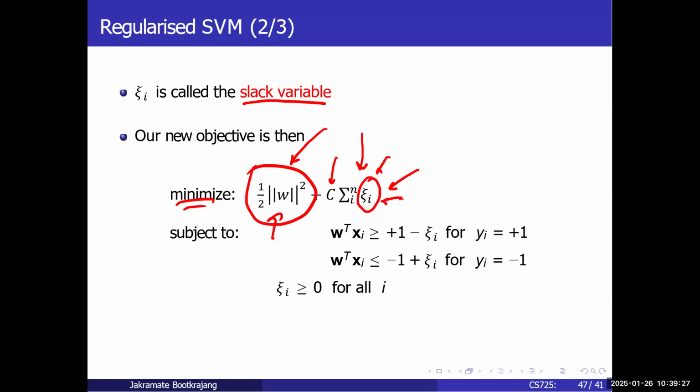So this one is confidence, and this one is accuracy. It's a trade-off. If you want more confidence in your model, you have a small C. If you want your model to be very accurate, then you use a big C.